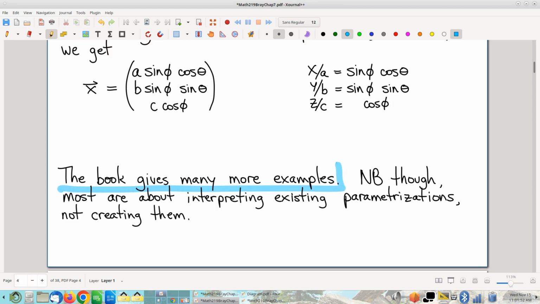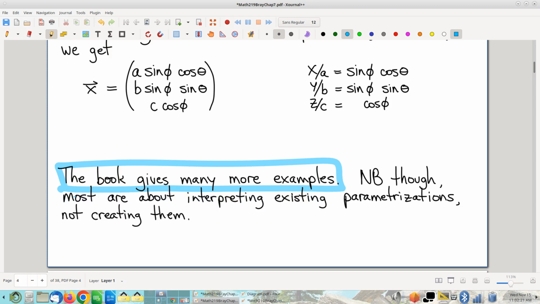The book does give many more examples. I have a little bit of a complaint about the examples that are in the book, though. They kind of go what I'm going to call the wrong direction. In practice, what y'all are going to need when you're out there applying multivariable calculus in context, you're very often not going to be starting with a parameterization and then trying to figure out what it is.